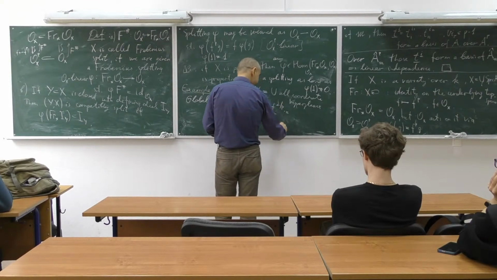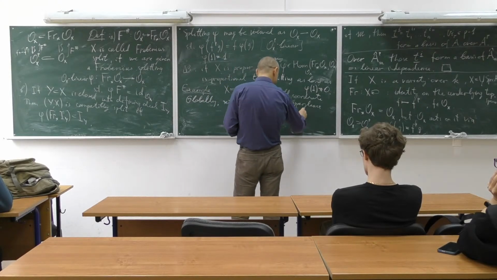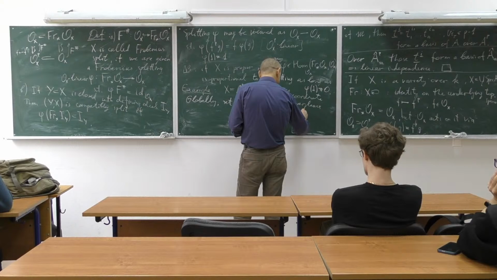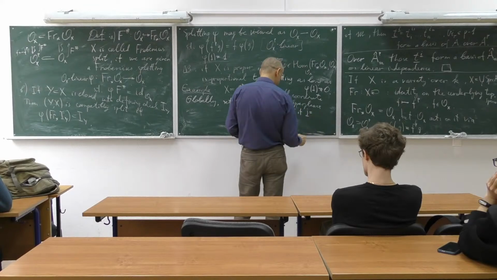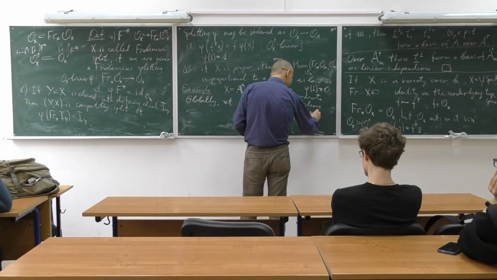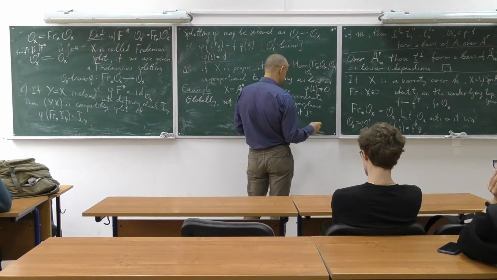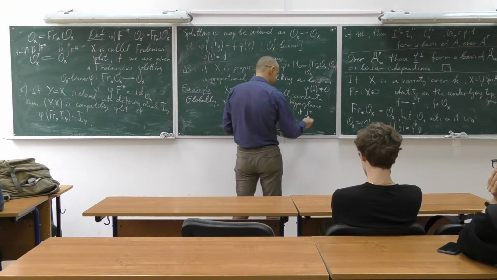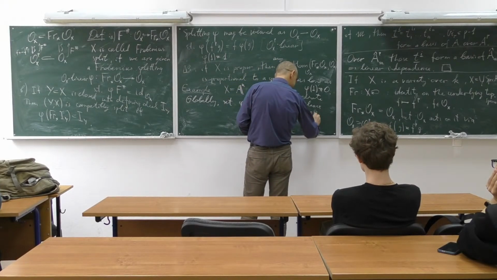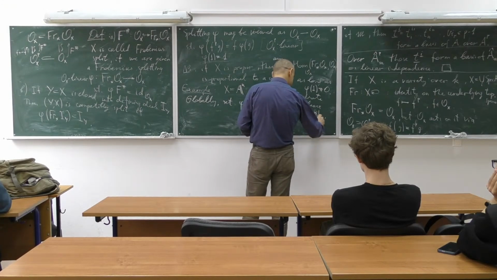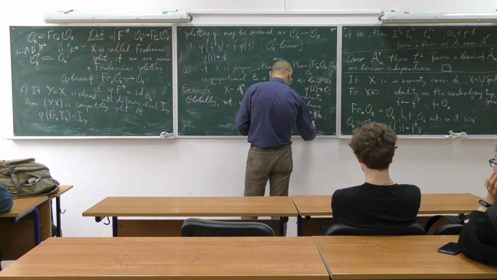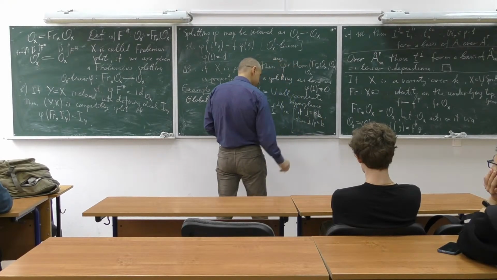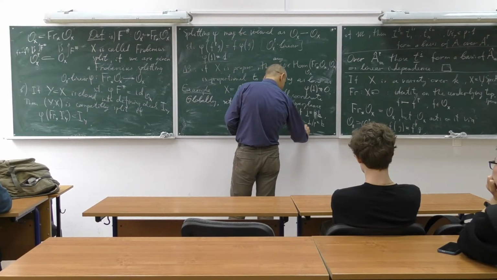Whatever it means: if j is p times h, then j over p is just h, and it's zero otherwise.